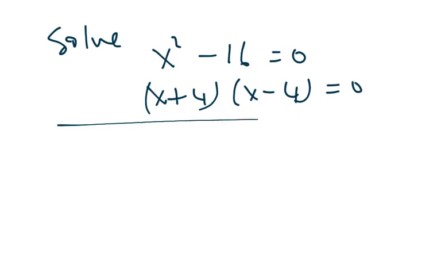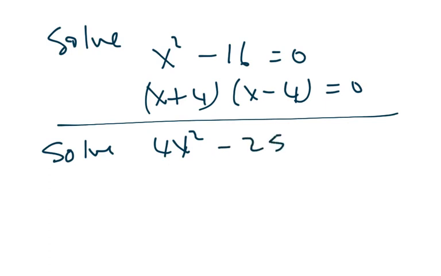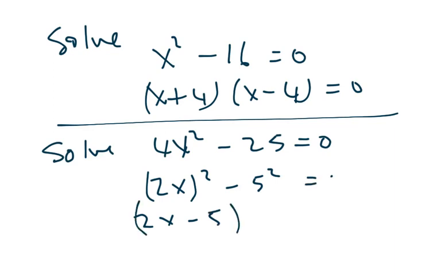What about this one? Solve 4x squared minus 25 equals 0. What values will solve that? So I'm going to say that's equal to 2x squared minus 5 squared. So it's going to give me 2x minus 5 by 2x plus 5 is equal to 0.